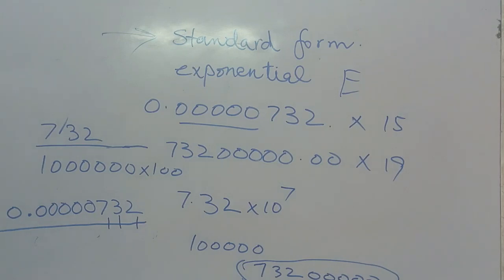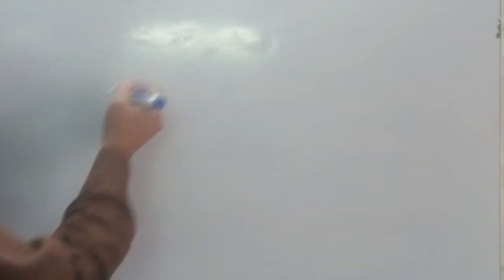So you see that we have changed from standard form to normal form, and from normal form to standard form in the exponential numbers. We'll do it in detail while doing our exercises and worked examples. It is very easy. I hope you have understood it. Now you can also apply all these operands.